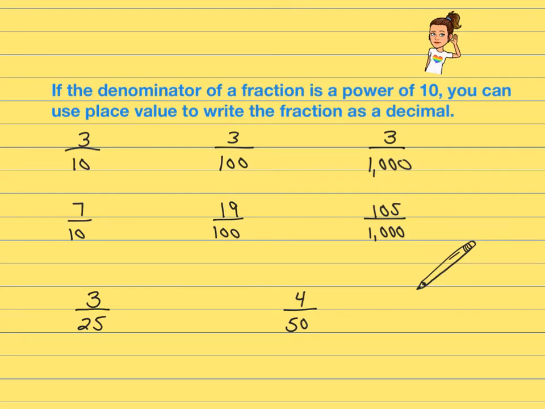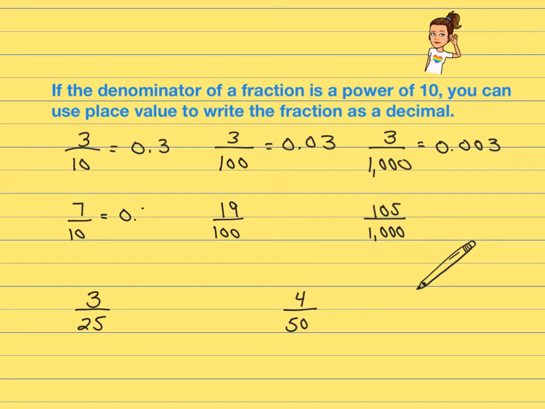If the fraction is 3/10, then we know that we have to place the 3 in the tenths place, and we would read it the same, 3/10. If the fraction is 3/100, then we know we have to place the 3 in the hundredths place value, and we would still read it the same, 3/100. 3/1000, we place the 3 in the thousandths place value, and we read it 3/1000. 7/10, same thing.